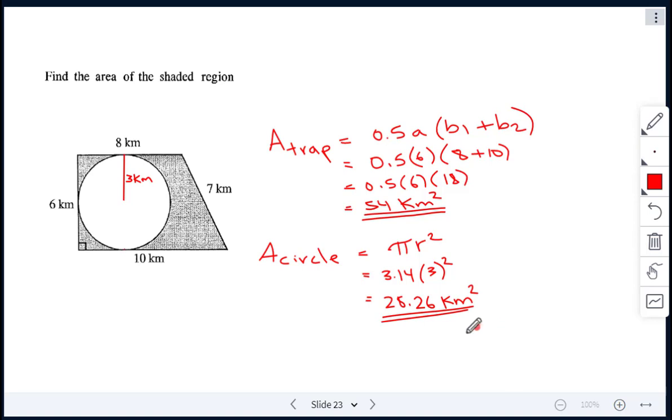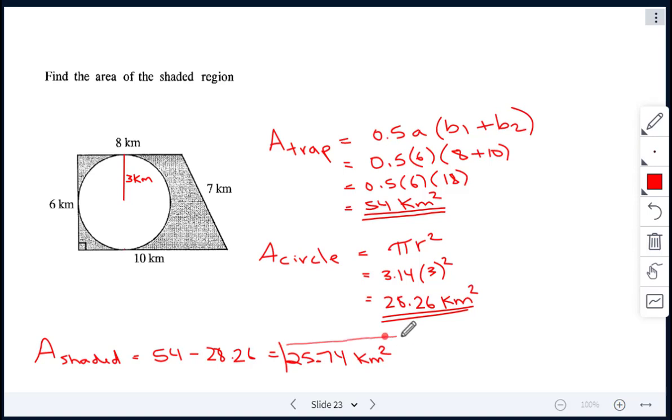But we're still working towards figuring out the area of the shaded region, so we have to subtract. So area of the shaded region, 54 minus 28.26, which gives me my answer of 25.74 kilometers squared. Okay, so that is the area of the shaded region.